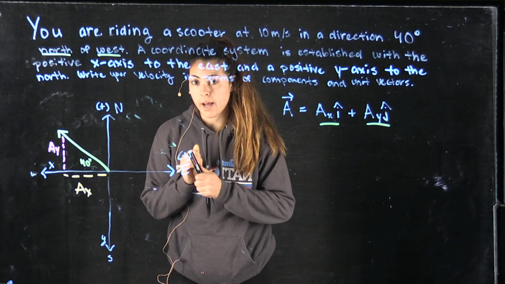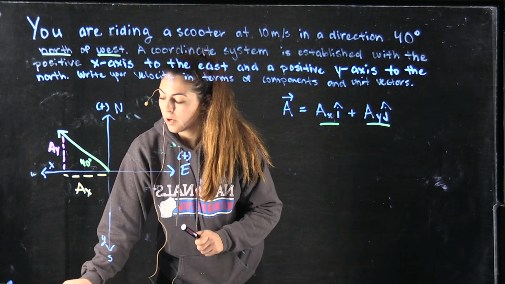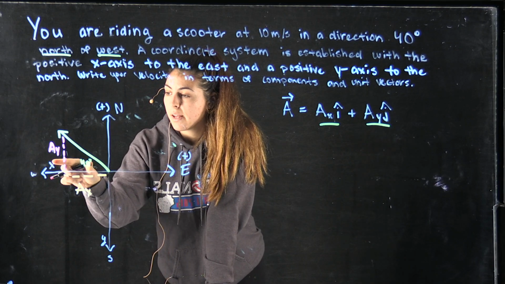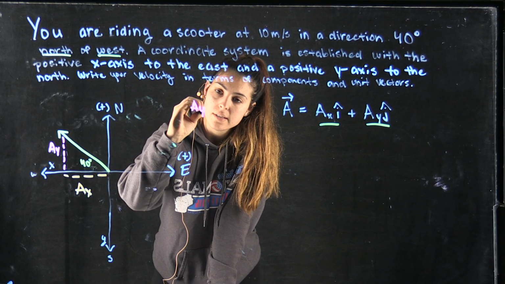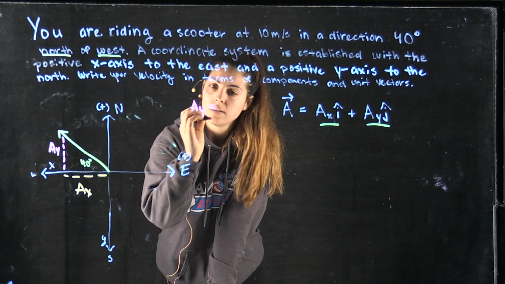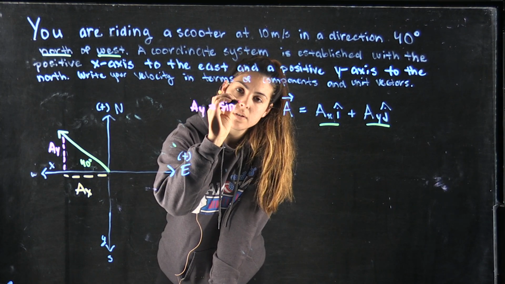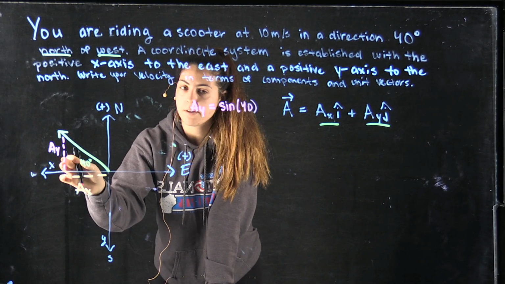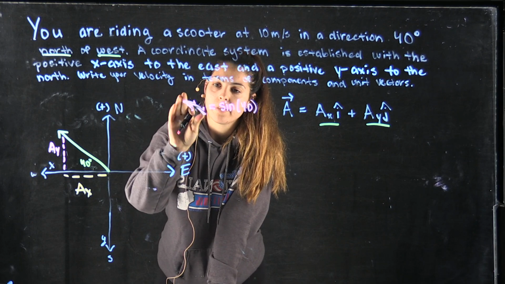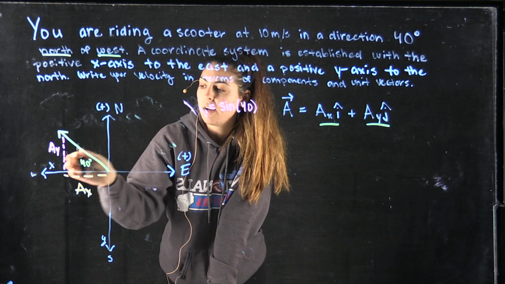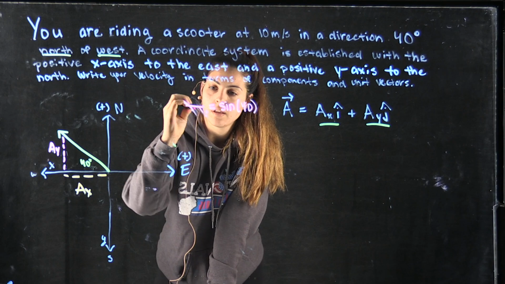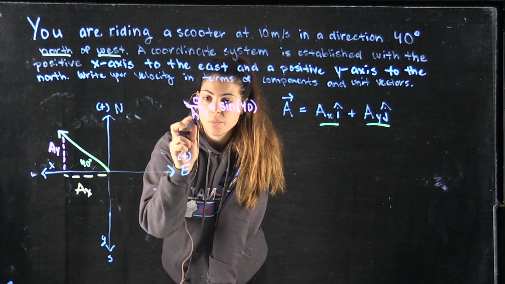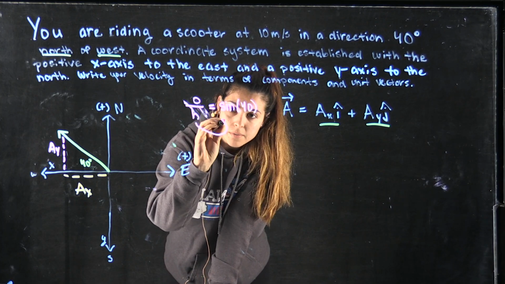To find our A of y, if you remember correctly, we need to use sine, because A of y is going to equal sine of 40. It's the opposite of the angle, so we're doing opposite over hypotenuse, SOH. So we take this H and put it right in front.